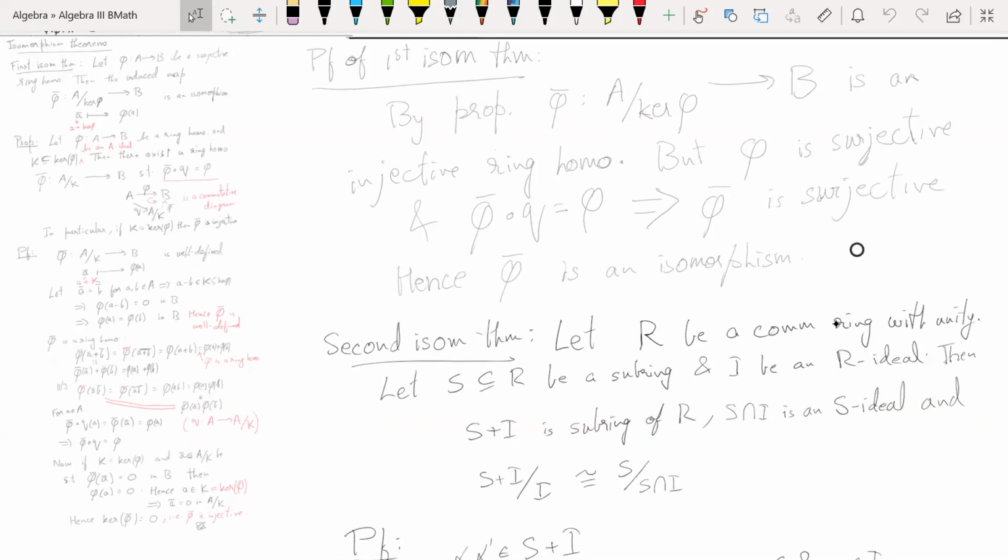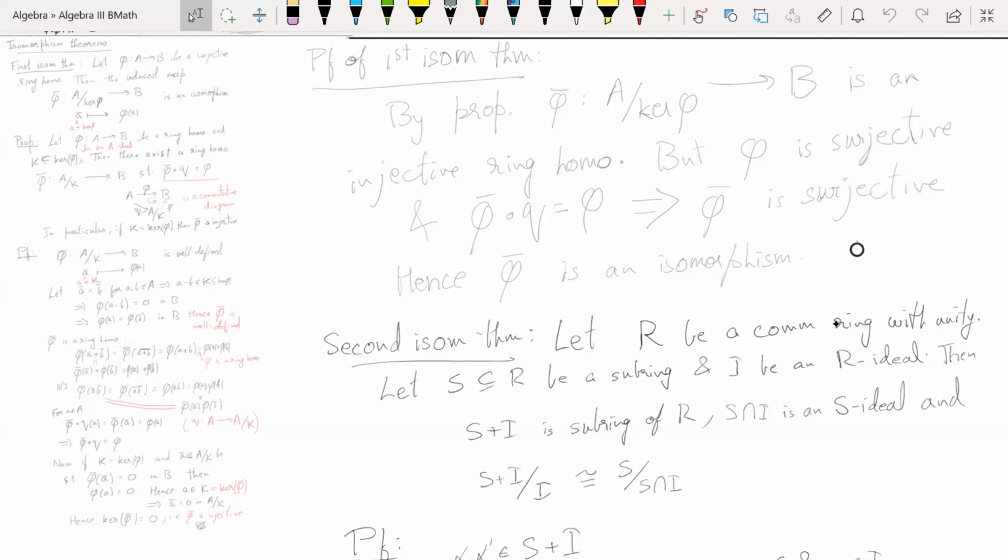So by the proposition which we proved, phi bar from A mod kernel phi to B is an injective ring homomorphism. But we are given that phi is surjective, and we know that phi bar composed with Q equals phi.